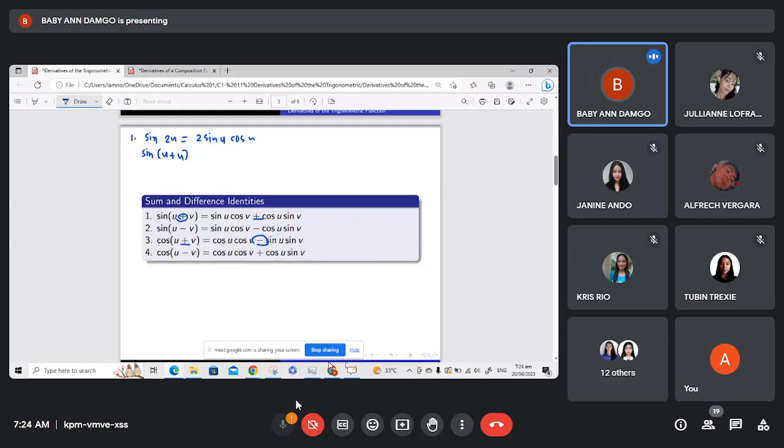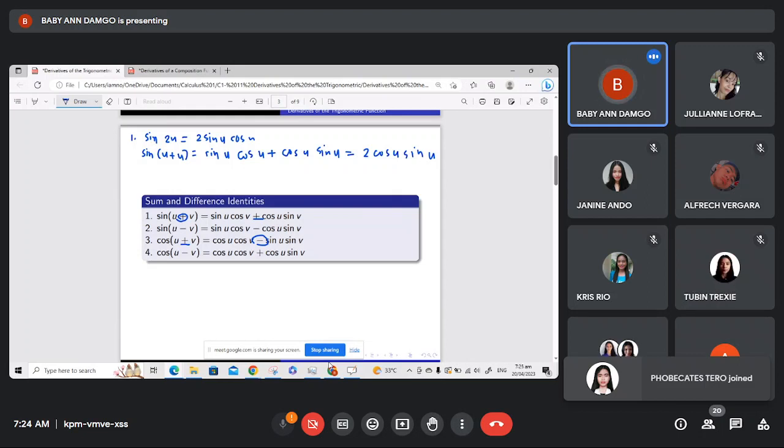So this is equal to sine u cosine u, since u and v are the same here. And then since this is positive, this is also positive. And then cosine u sine u. Okay, so simplify, this is just equal to 2 cosine u sine u.